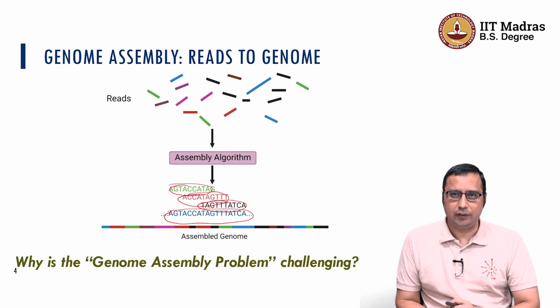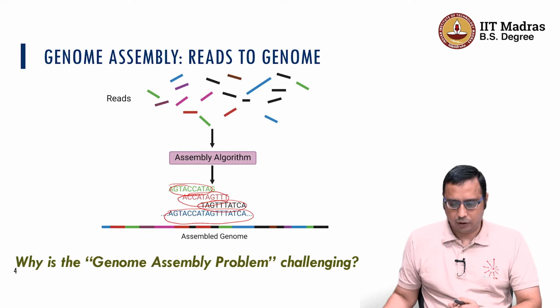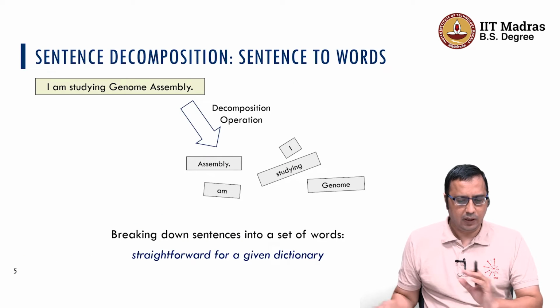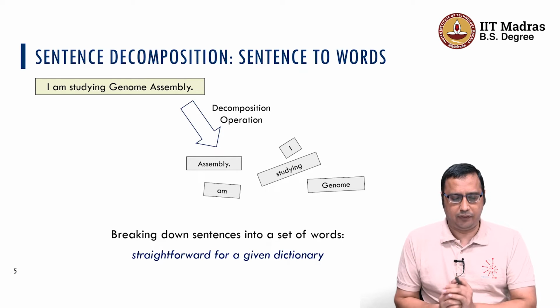It looks straightforward. Then why is the genome assembly problem challenging? Let's go to a simple problem. Let's take a simple sentence in English, and I will call this the sentence decomposition problem, where we want to take a sentence and convert it into words.